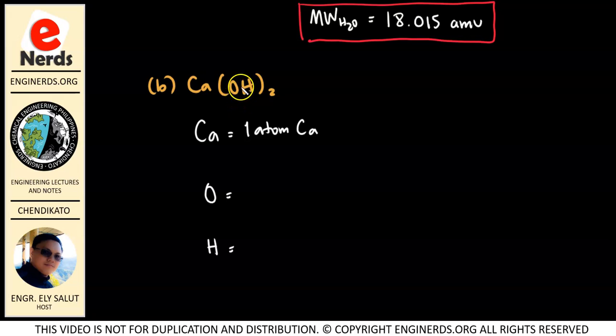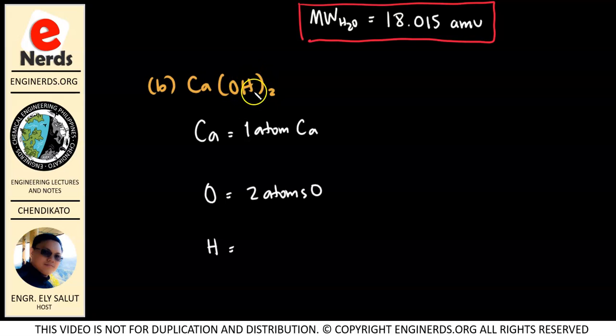But, kapag nasa loob siya ng ating parenthesis, kung ano man yung nasa loob ng ating parenthesis will be multiplied to the subscript na nasa labas ng parenthesis. So, if you have here oxygen of 1, so that means you will multiply that to 2. Okay, so in this case, we will have 1 times 2, so we have 2 atoms of oxygen.